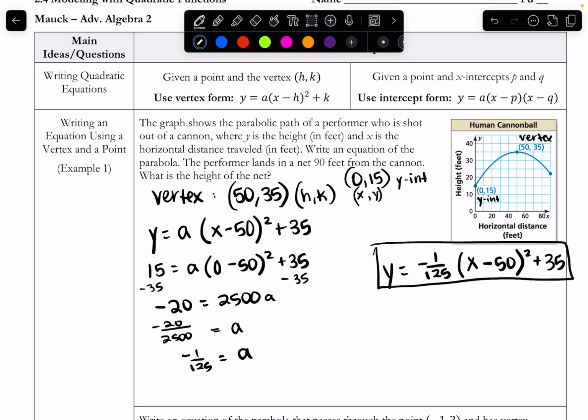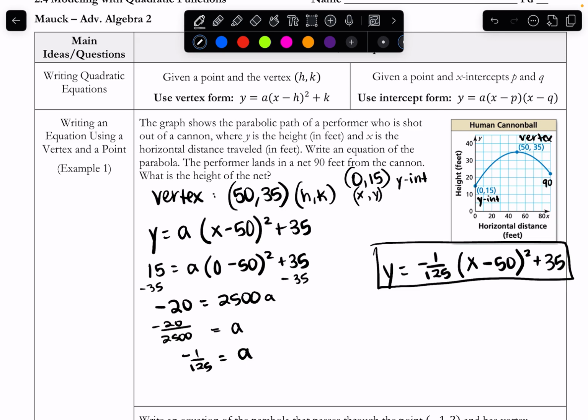And then we have our second thing that we've been asked to do, find the height of the net. So because I now have, go back to my graph, I have a third point here that I don't necessarily know exactly the y-coordinate of.